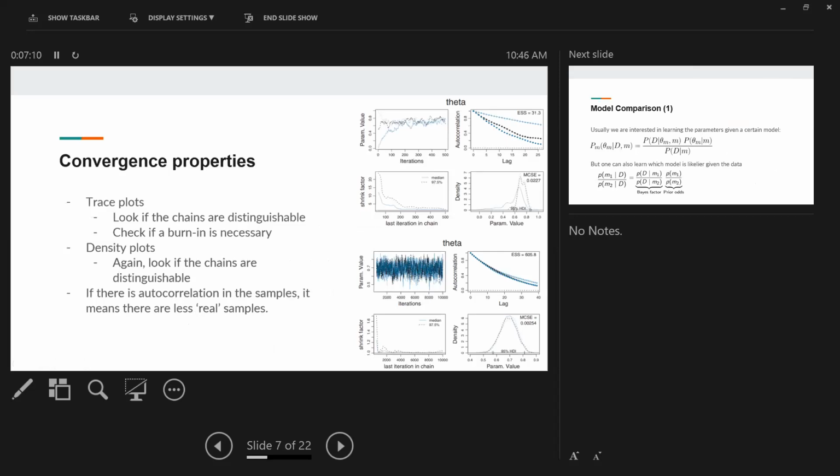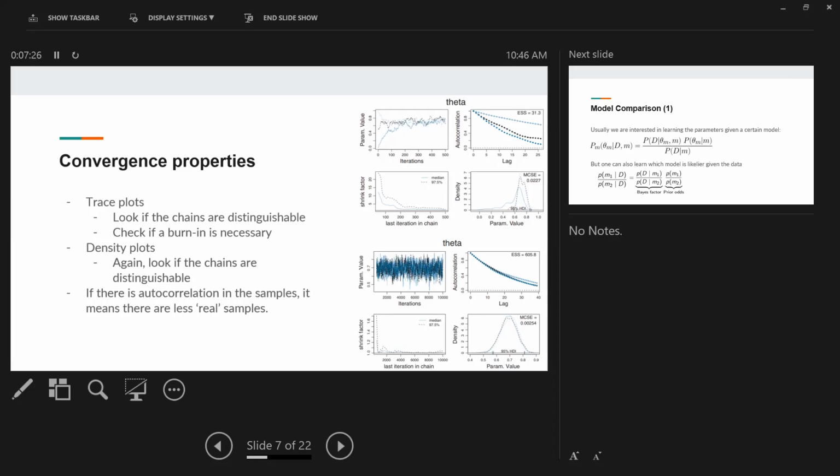So how do you check convergence? If you don't run MCMC for enough iterations, the random walks are not similar, and then we can't make a good conclusion.